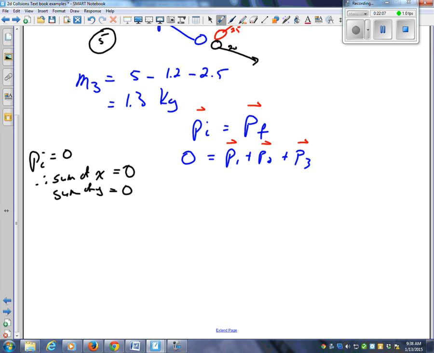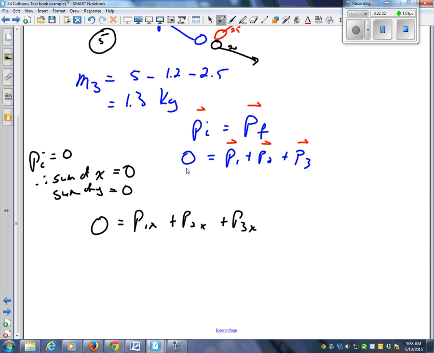Okay, so zero is equal to P1x plus P2x plus P3x.